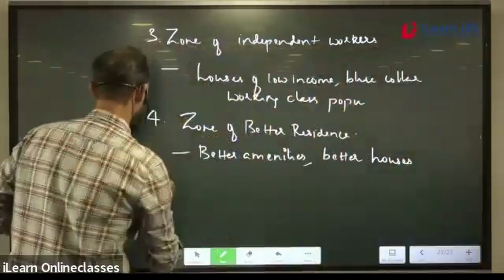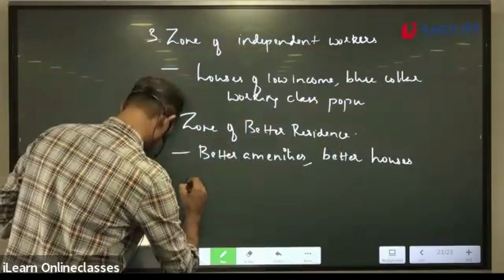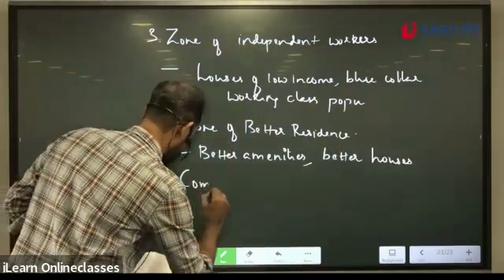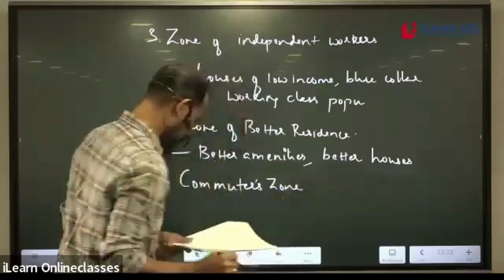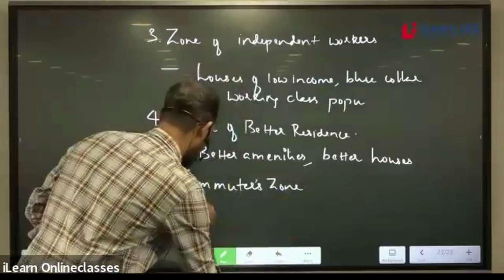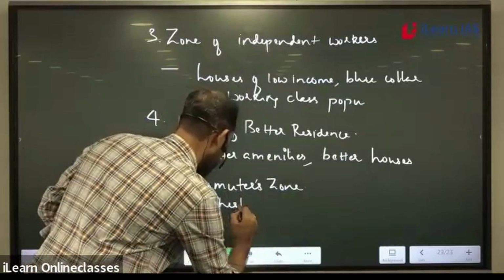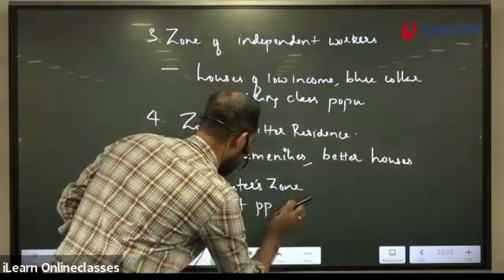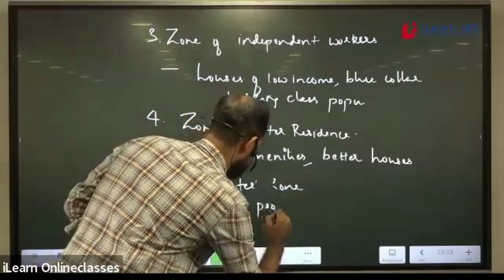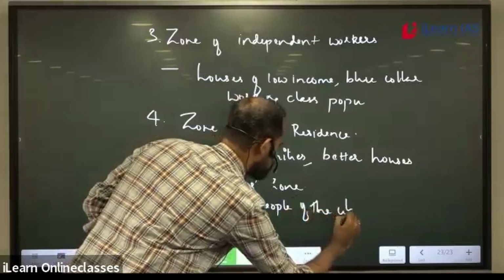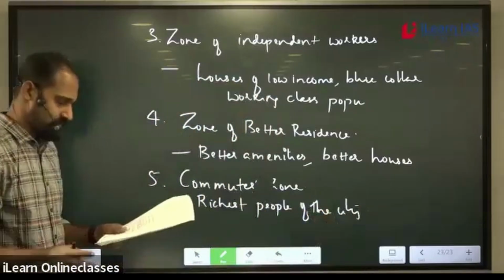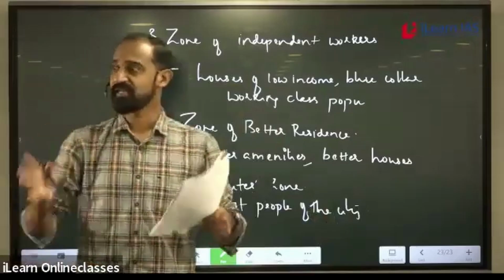Now the richest group will go for the last place, the commuters zone. This is the region associated with the richest people of the city. So why are they going to the outskirts? They want to have a large area.